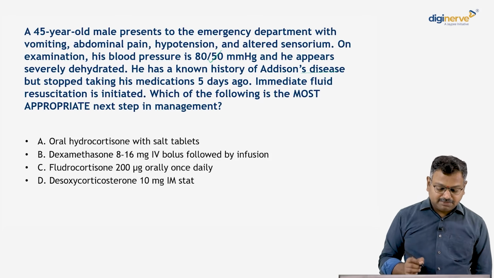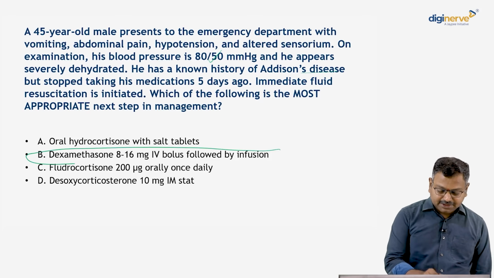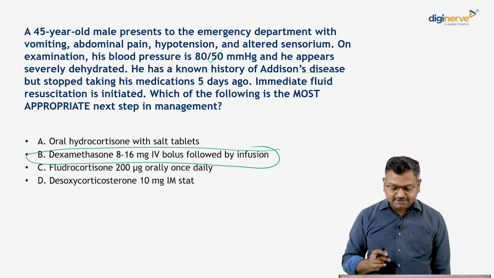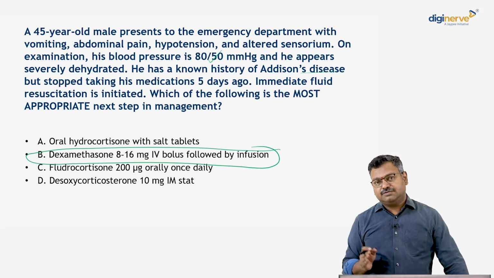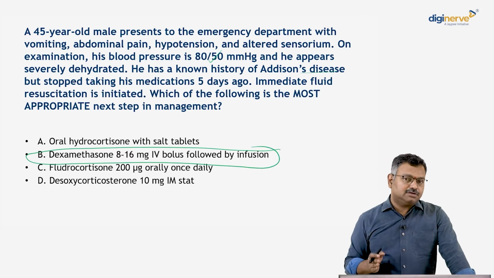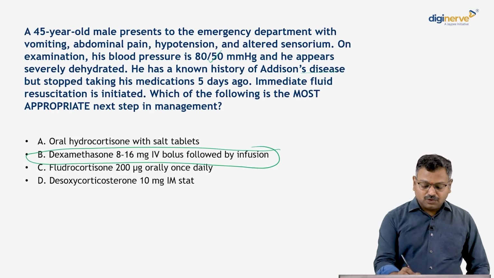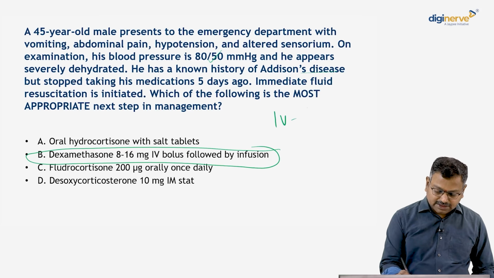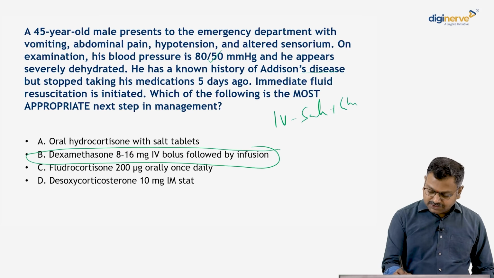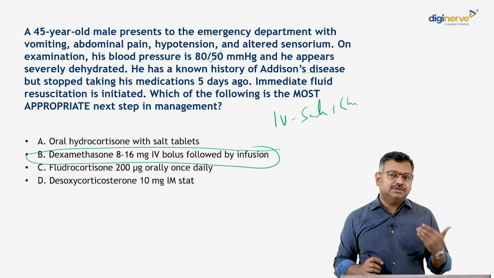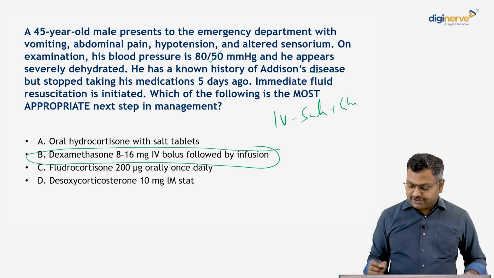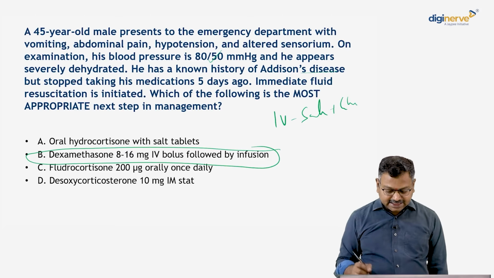So, hydrocortisone is the best, if not, dexamethasone, not oral, it is parenteral that we give. So, hydrocortisone 100 milligrams stat or dexamethasone 8 to 16 milligrams with IV saline with glucose, very important, IV saline plus glucose. So, dextrose normal saline is there and later you would stabilize and rule out what's the cause for acute adrenal insufficiency, is it an infection, etc.